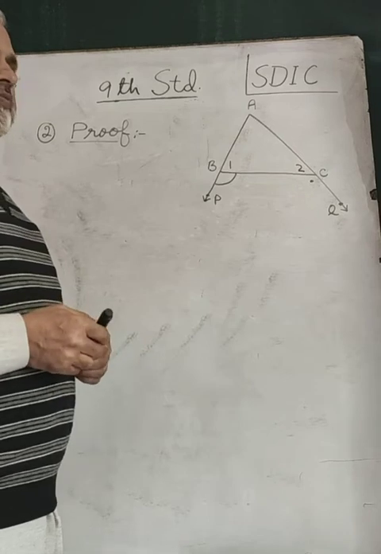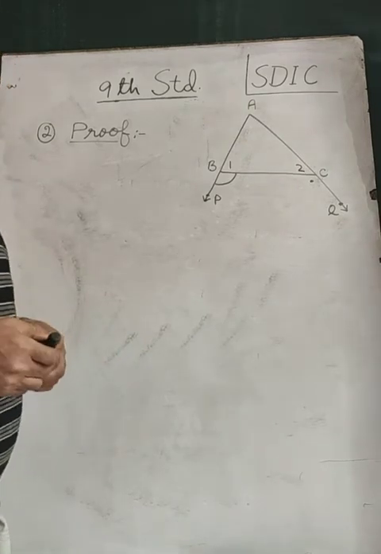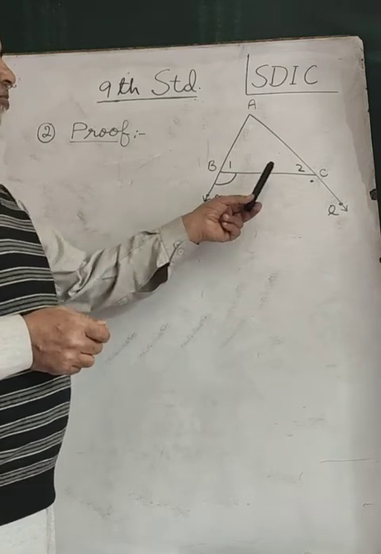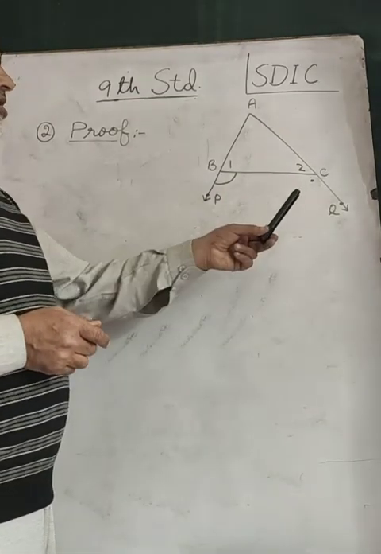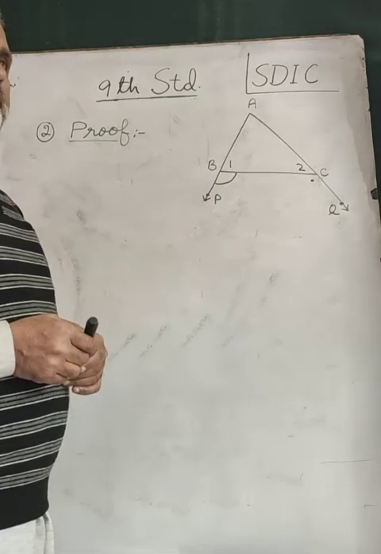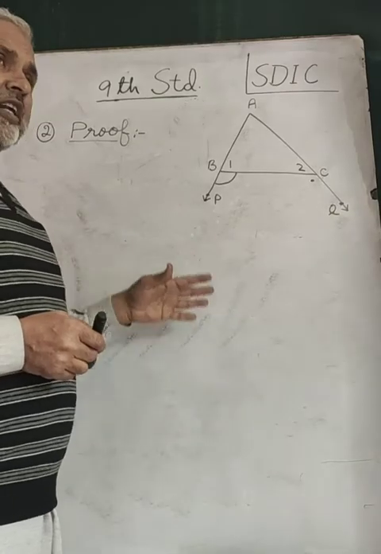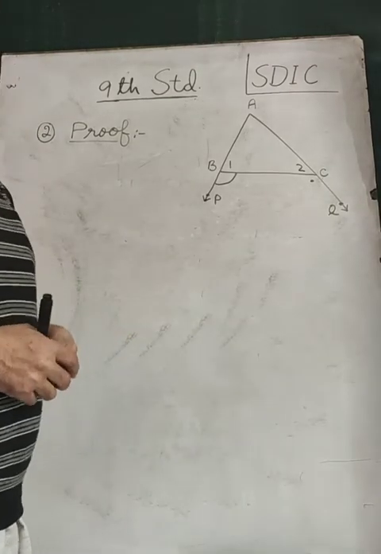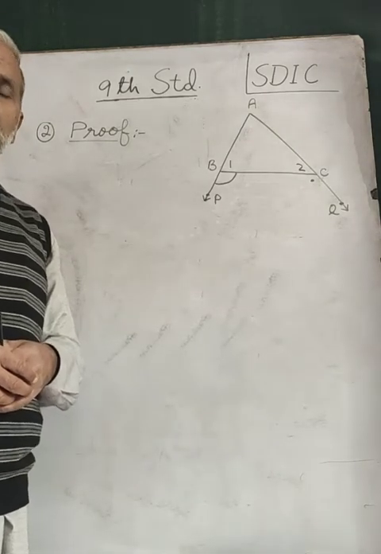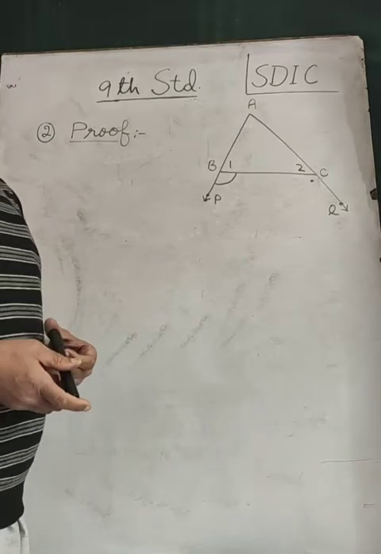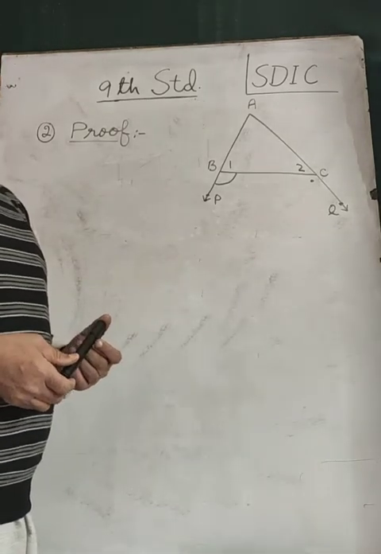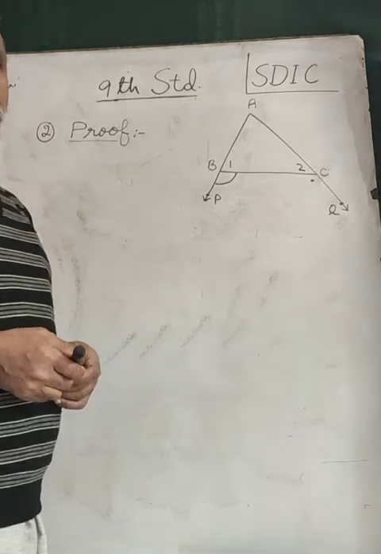Now to prove this, we are given that angle PBC is smaller than angle QCB. In that result, we have to use one result we have read earlier in the chapter, lines and angles: exterior angle of a triangle is equal to the sum of two interior opposite angles.